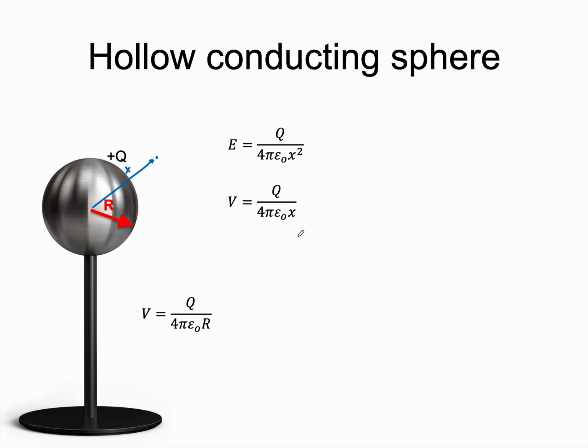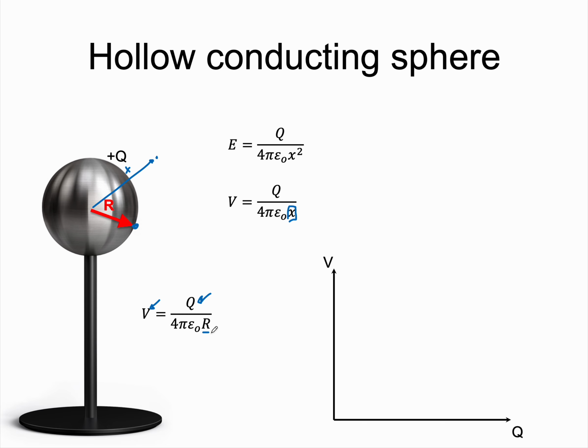If you take that, you can actually find the potential at the surface of this thing. What's the potential at the surface? Well, we just insert the radius for x. And so we end up with this. What happens if we increase the charge on this thing? Well, as we increase Q, what's going to happen to the voltage?